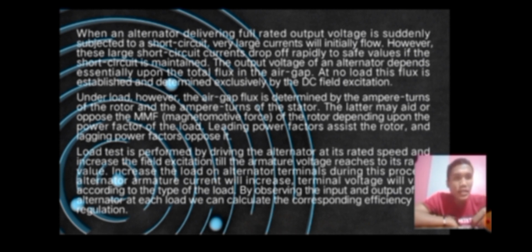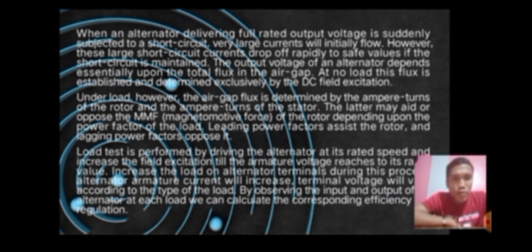The latter may aid or oppose the MMF, or magnetomotive force, of the rotor depending upon the power factor of the load. Leading power factors assist the rotor and lagging power factors oppose it.